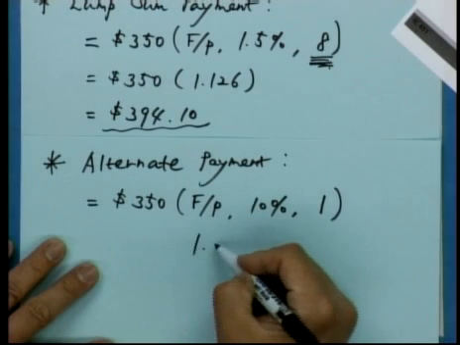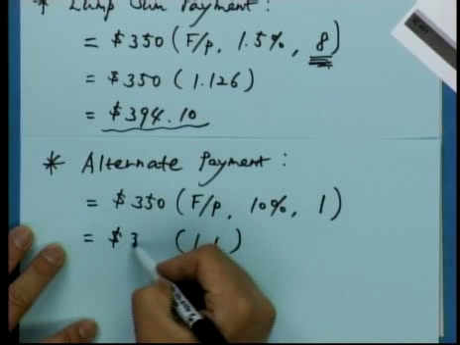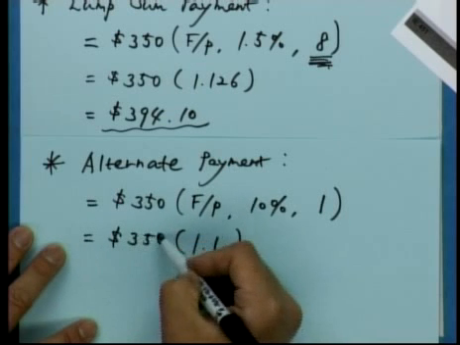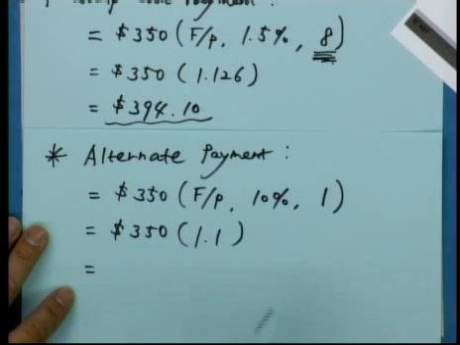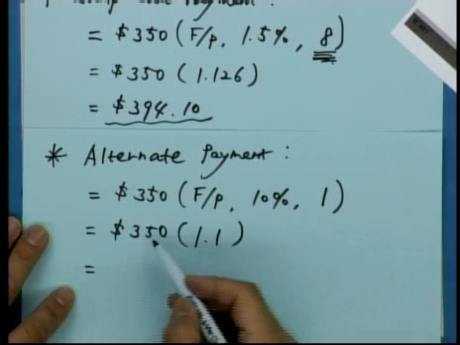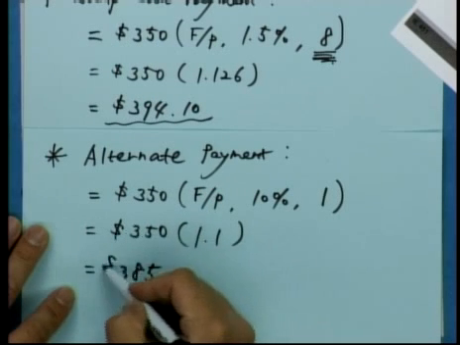So in this case, it's 1.1 times 350. Okay, so how much is that? 385, right?